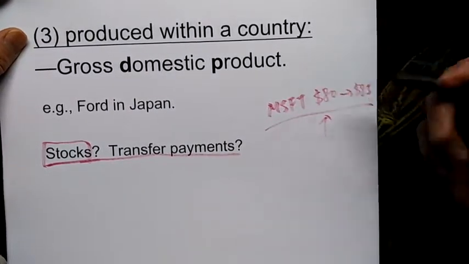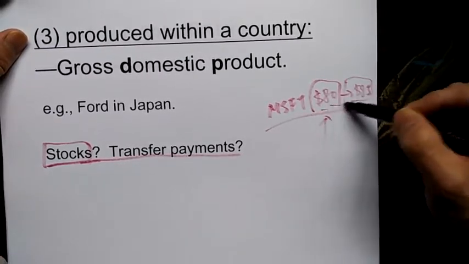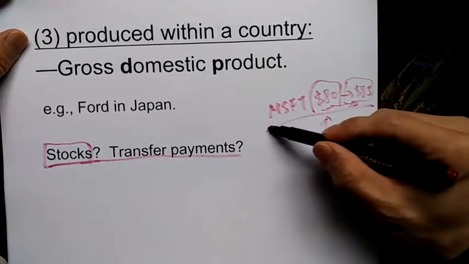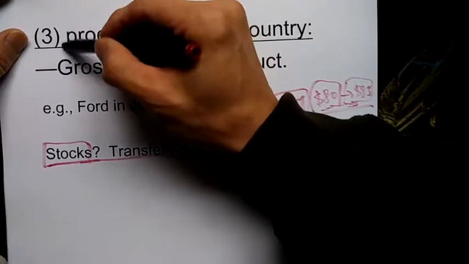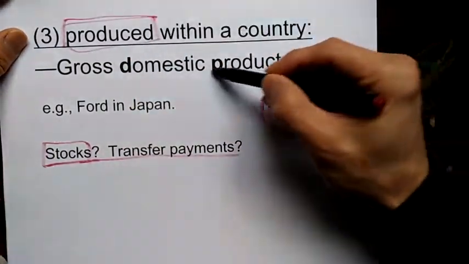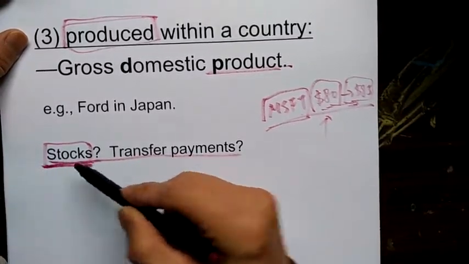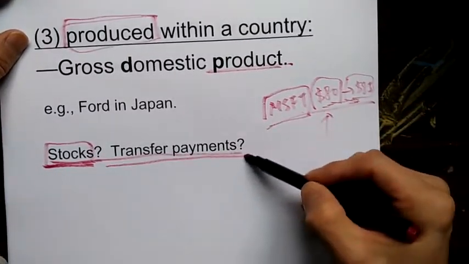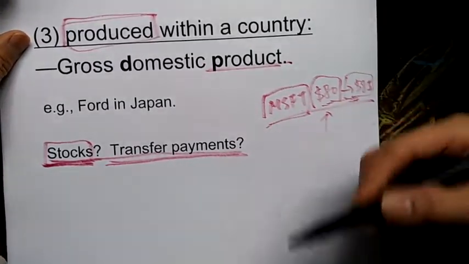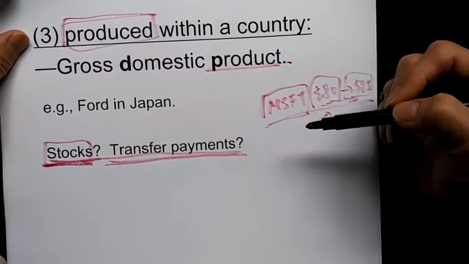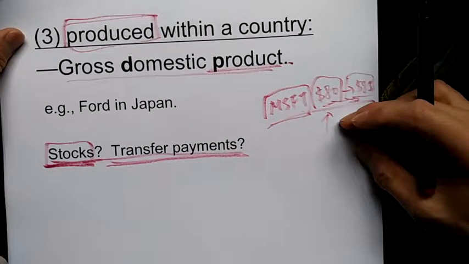It is not production. When the stock price goes up, that's only a change in the price. Microsoft does not produce more. Therefore, production is very important. Things in the money market, or transfer payments, are just a movement of money. They are not produced. Therefore, they cannot be included in gross domestic product.